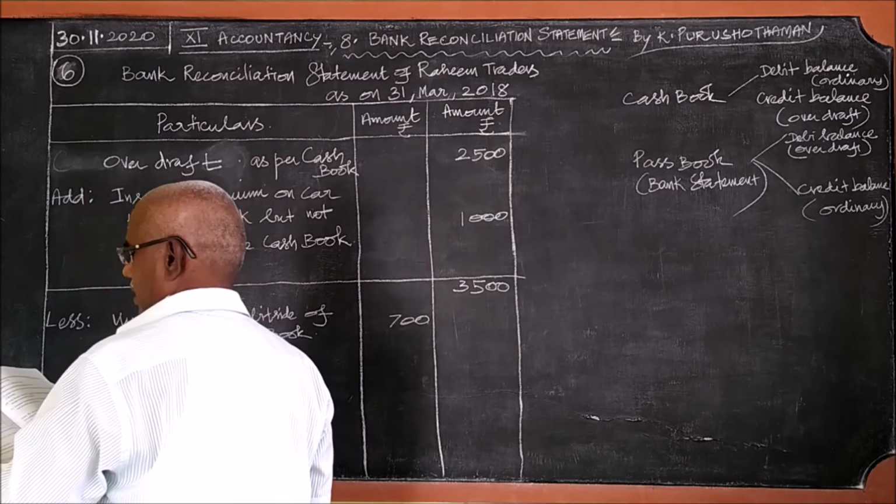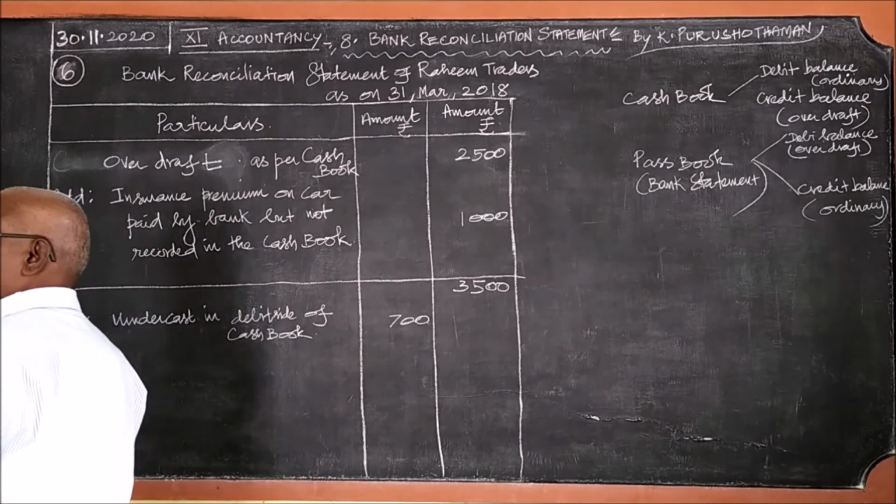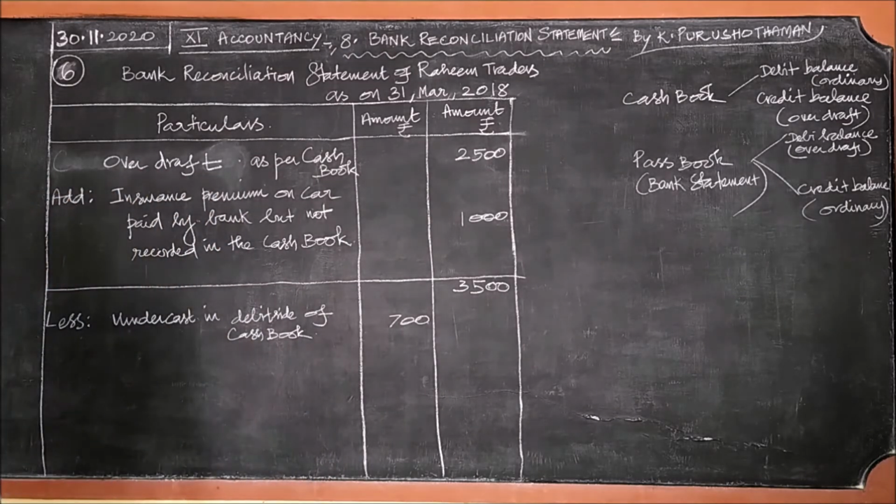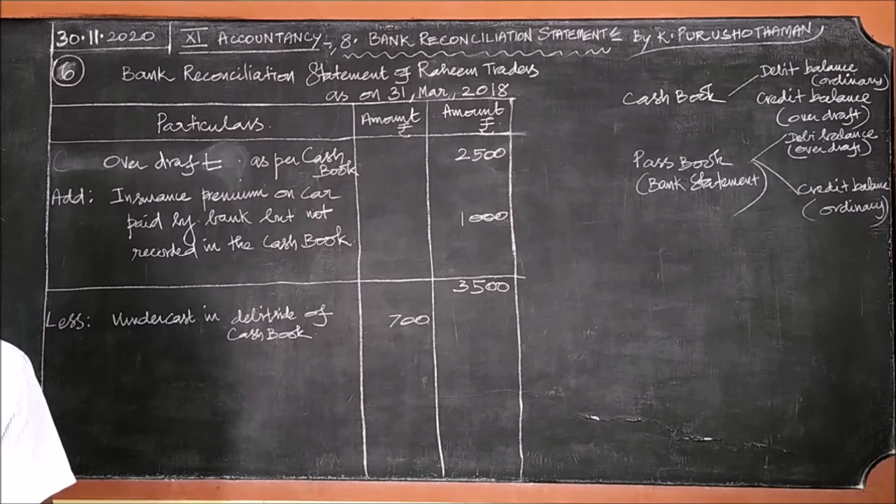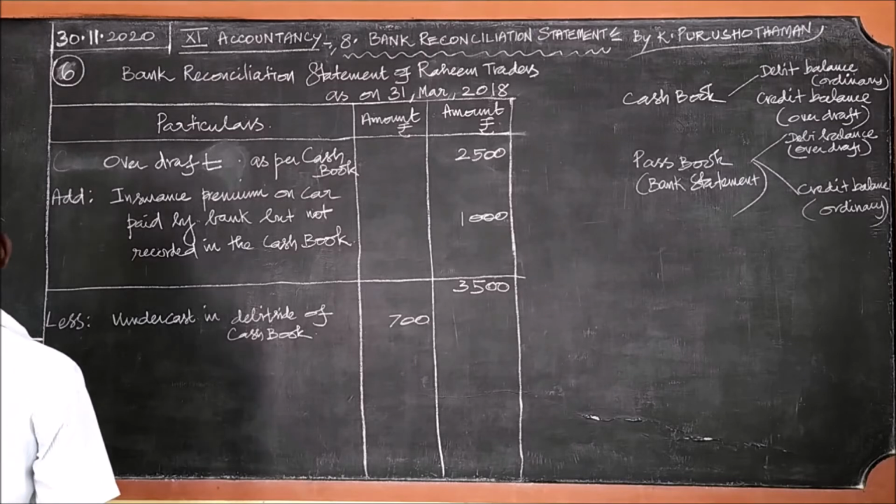Then, amount received by bank through RTGS amounting to 2 lakhs, omitted in the cash book.